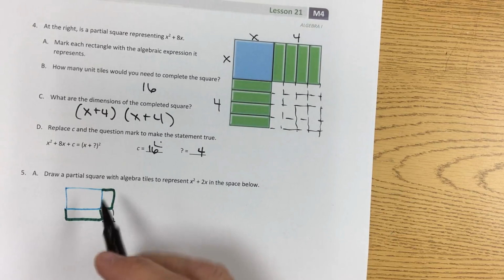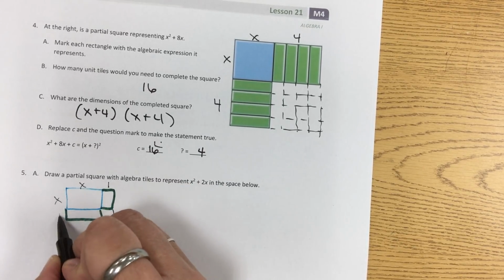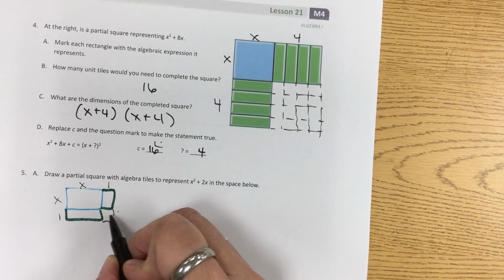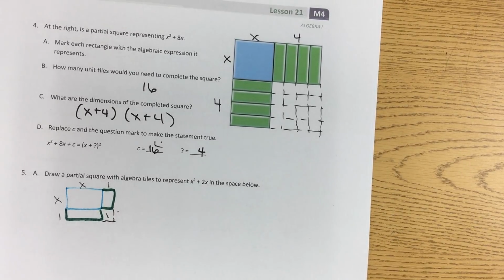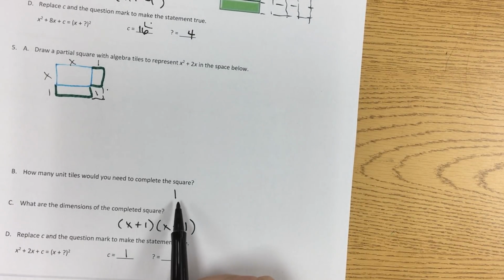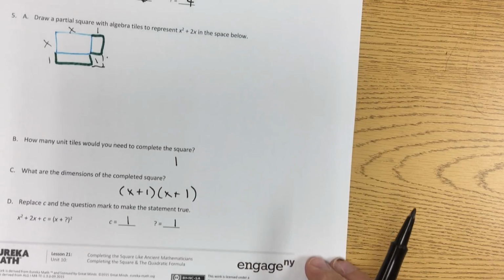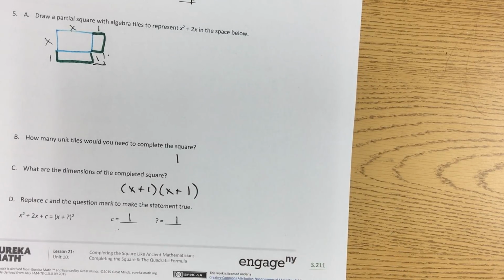So this right here would have been x plus 1, x plus 1. Then we would have had a 1 by 1, which is 1. So over here, I have how many units? 1. It's x plus 1 and x plus 1. My c value is 1, and my question mark is 1.